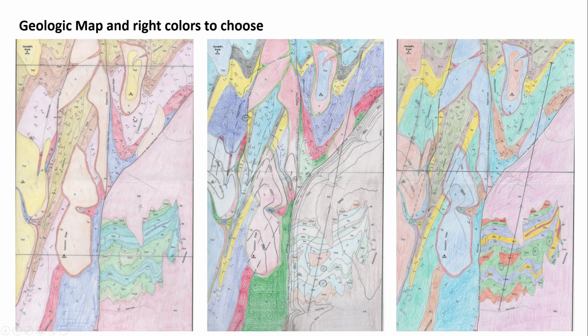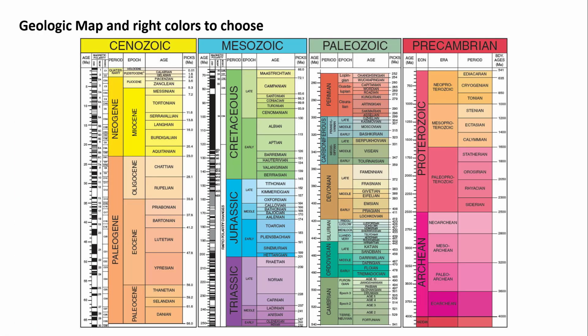And the guidance for how you can paint your map is this chart. This is a geological time scale, the colors representing different time periods. And you need to choose the same color for a specific time range. So if you're using yellow and orange, it means you're representing Cenozoic units. If it's green, blue and purple, you are in Mesozoic.